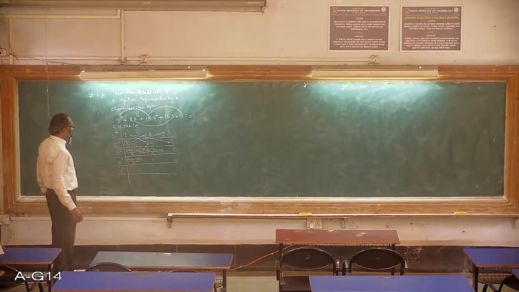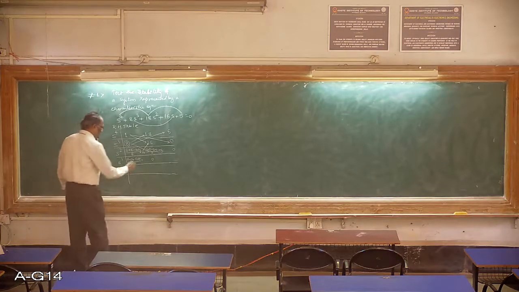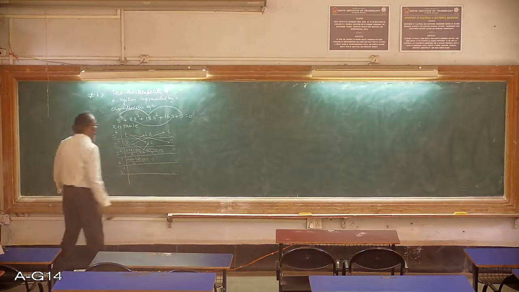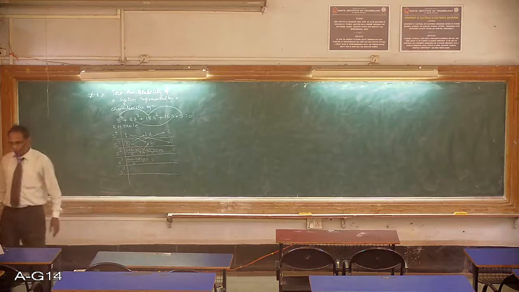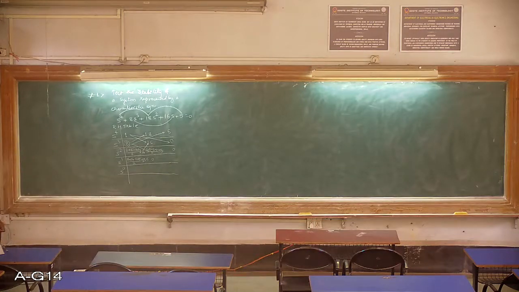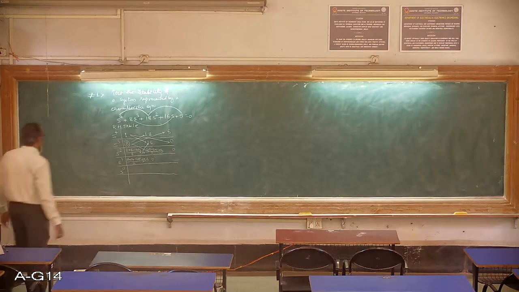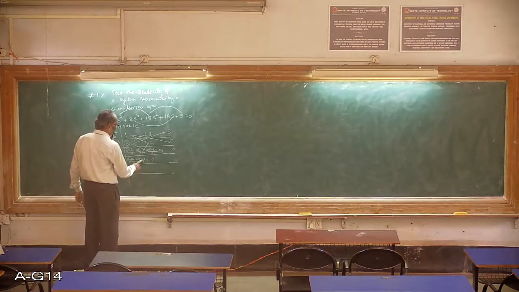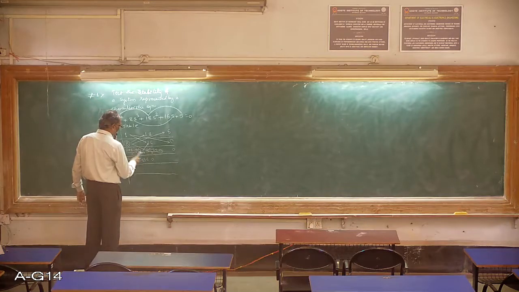So now what is the element here? 16 into 16 minus 8 into 5. You can use your calculator, and you will get 13.5, if I am correct. Now to get the last element: 13.5 into 5 minus 16 into 0 divided by 13.5.